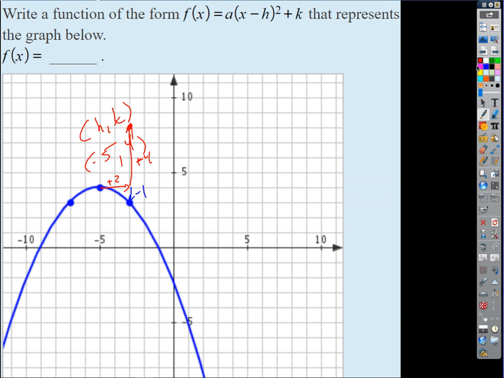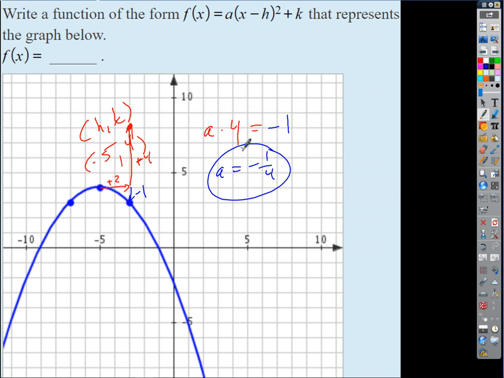So that must mean that if we multiplied a times the parent y value, that would equal the new dilated y value, which is -1. So what's a? -1/4, right? If I just divide each side by 4, I get a equals -1/4.